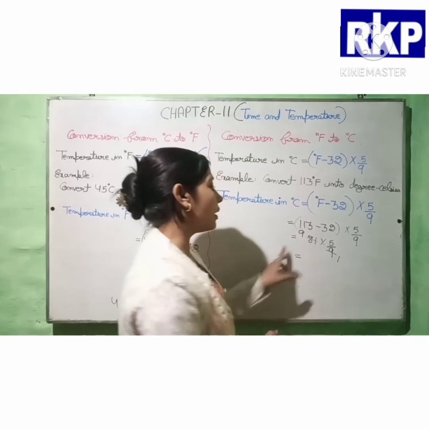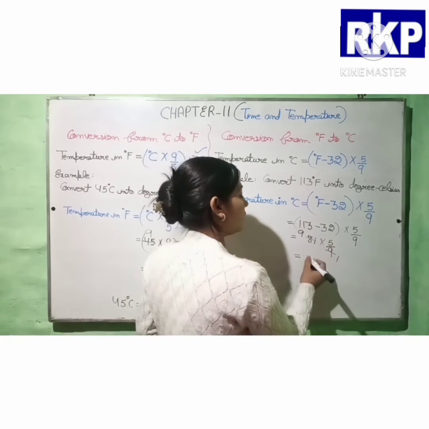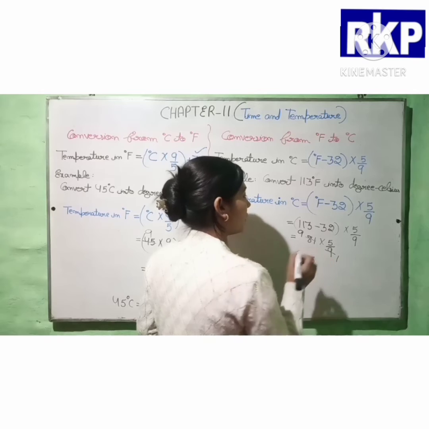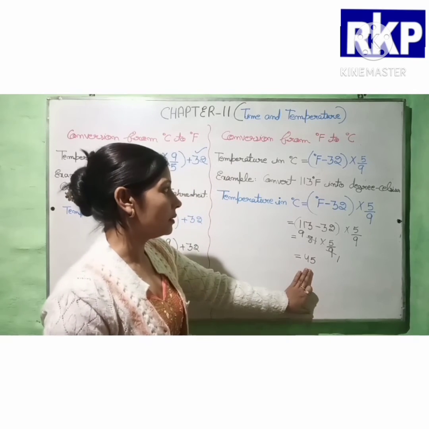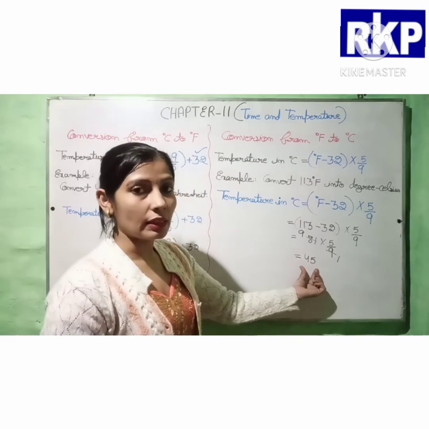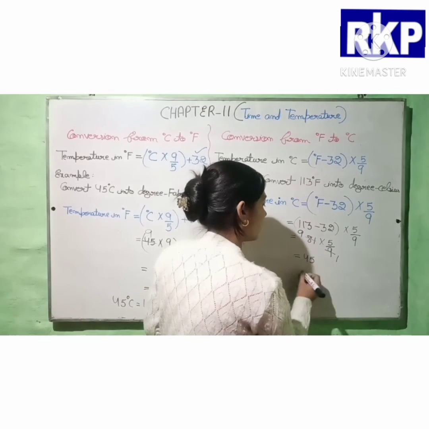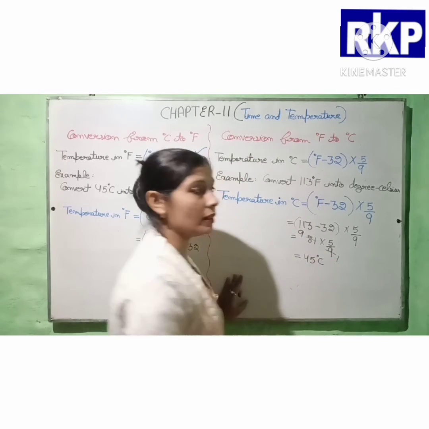Now here we have 9 and here 5. 9 fives are 45. So what is the answer? Yes, 45 degree Celsius will be our answer.